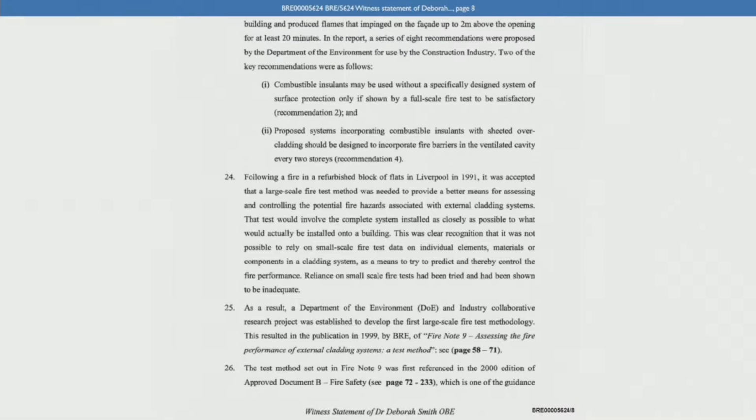Now, is the fire that you're referring to there in the first line of that paragraph the Knowsley Heights fire? Yes, I believe so. And when you say it was accepted that a large-scale fire test method was needed, who was it accepted by? That was in relation to the work that then followed on. But who was it who accepted the need for a large-scale fire test?